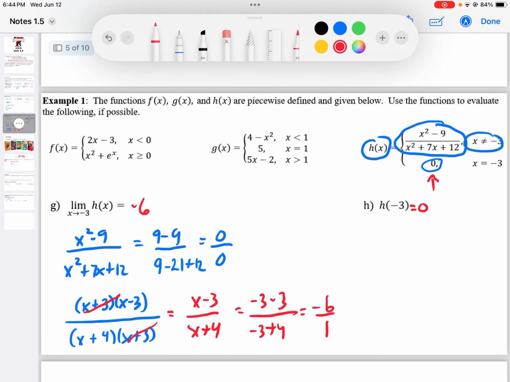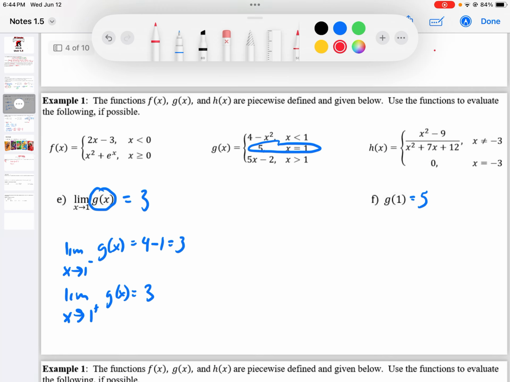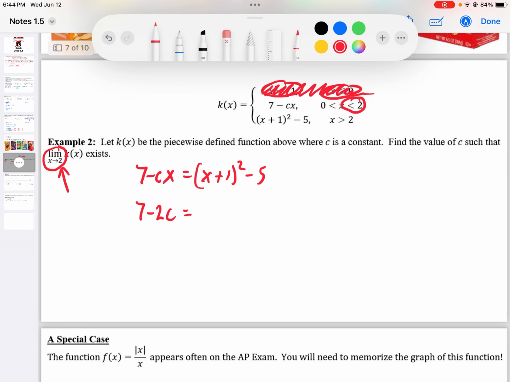Like if I want to find the limit when x was negative 3, we plugged in negative 3. If I want to find the limit when x was approaching 1, we plugged in 1. So I'd plug in 2 here. So 2 plus 1 would be 3. 3 squared is 9 minus 5. And then from here, it's just a simple little equation that I'll probably mess up. 4 minus negative 3. So was that c equals 3 over 2? And that would be our answer.